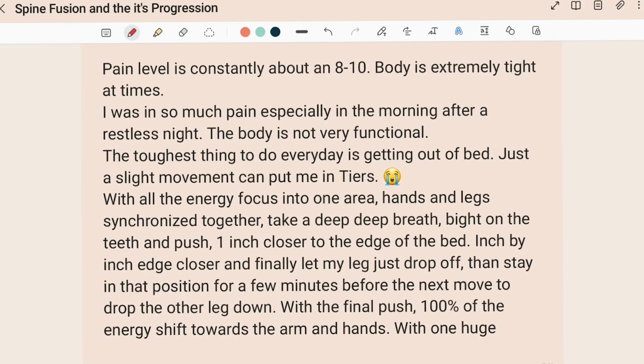The pain level. Oh my goodness. The pain level is pretty much constantly at an 8 to a 10. On a good day, I would still be at a 6 or 7. It's quite painful, very, very painful.